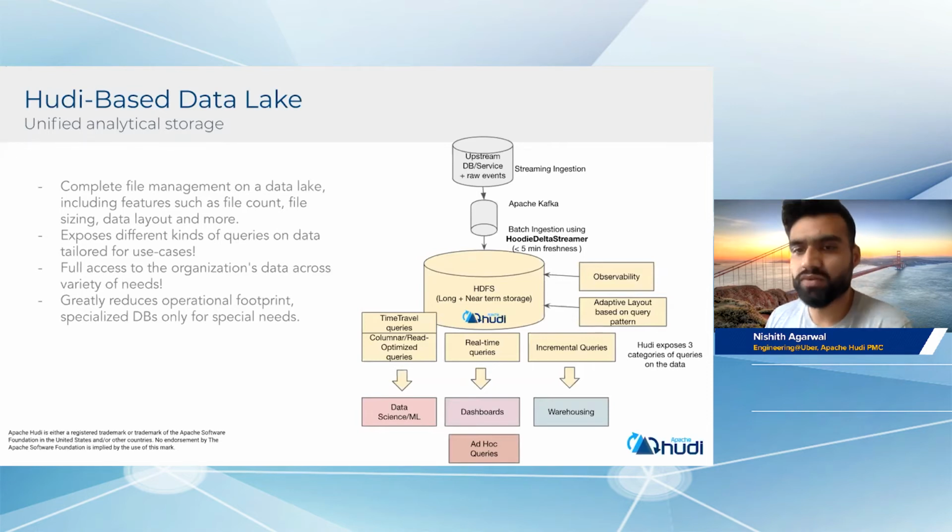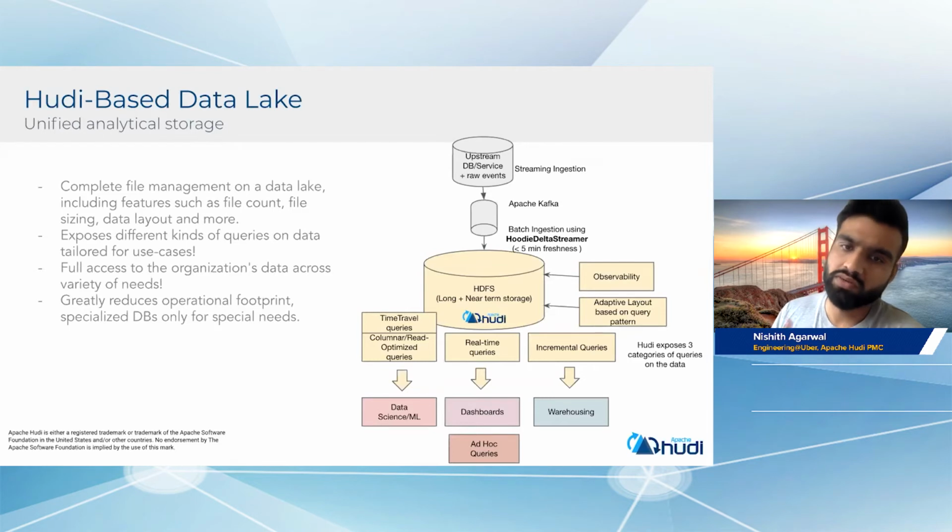The data lands on HDFS, which is your storage maybe, or maybe S3 or any other cloud store. And finally, Hoodie will expose different kinds of views over this data so that you can do time traveling, you can do scanning of data for columnar performance, or you can do real-time and incremental queries to build your dashboards and downstream pipelines. And finally, there are some asynchronous services that you can schedule using Hoodie, where you can adapt your data model, your data lake.